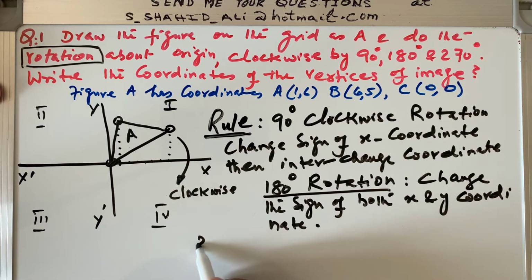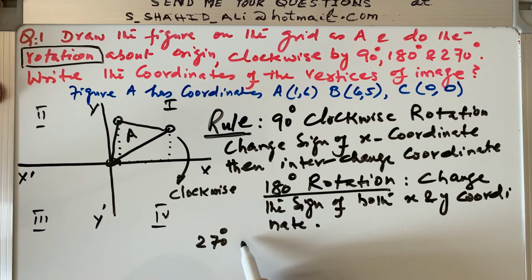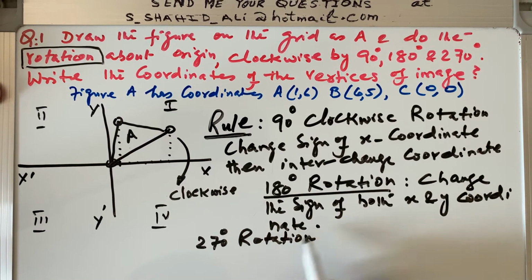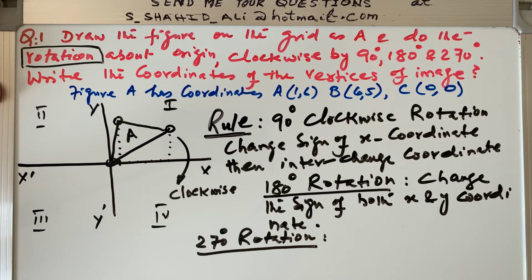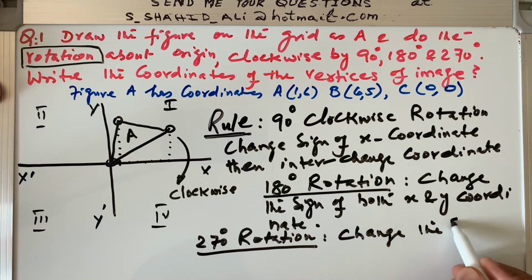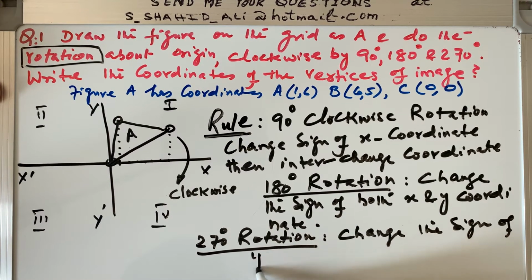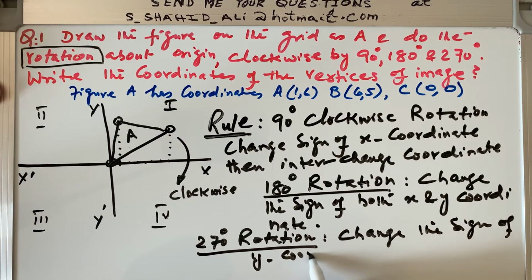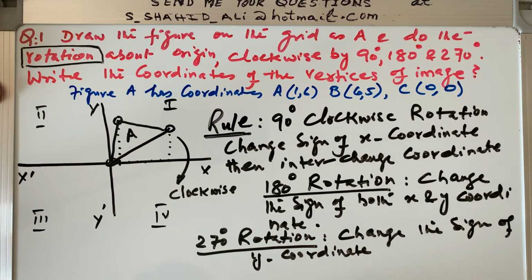So now we go to the third step, which is 270 clockwise rotation. What we need to do? Change the sign of the y coordinate, right?